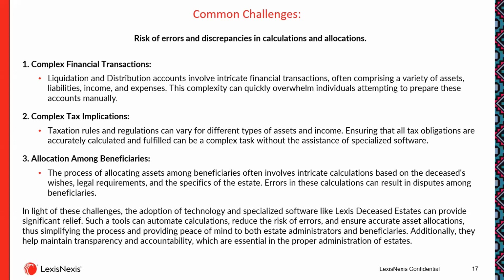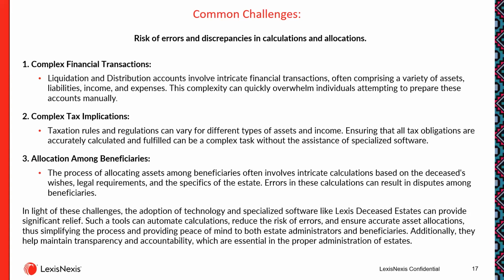We often forget in which step of the process which calculation needs to be done. So even though our estate duty is, for example, our last account in our liquidation and distribution account, we do require the value of our estate duty in order to complete our liquidation account, which is our first account, as well as our recap account, which is our second account.